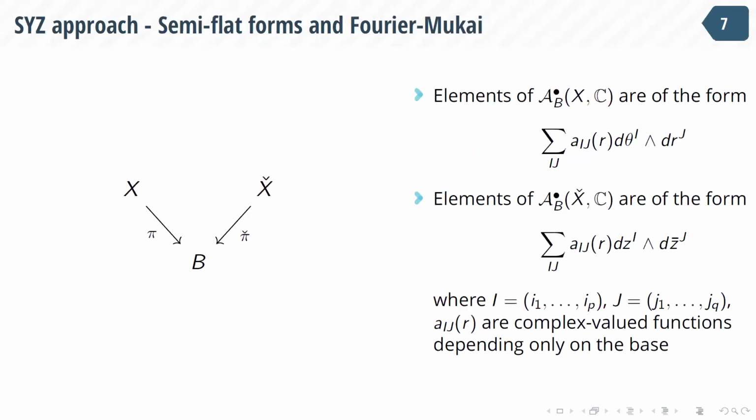In this setting, we can speak about semi-flat differential forms, which are a subset of differential forms which locally have this expression. In particular, the coefficients depend only on the base coordinates.